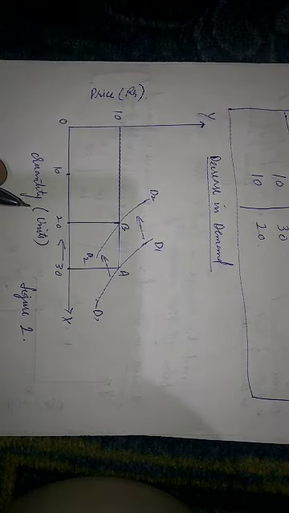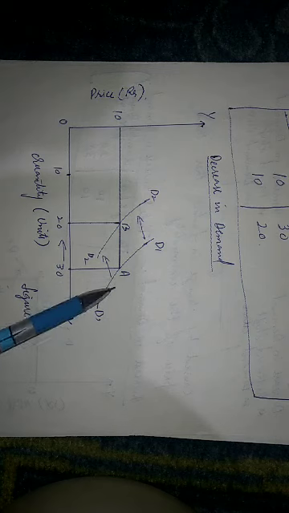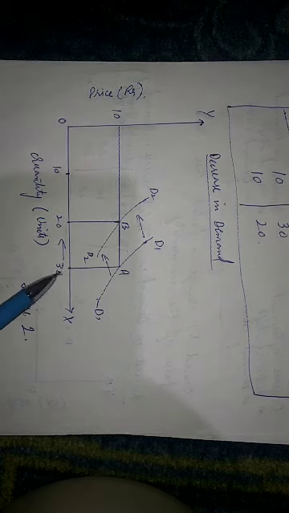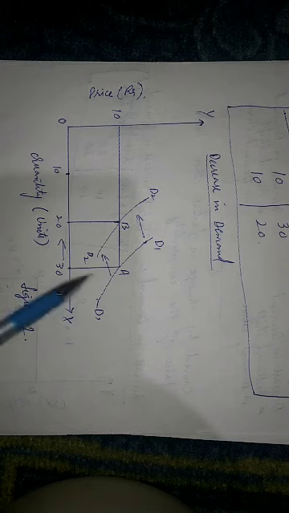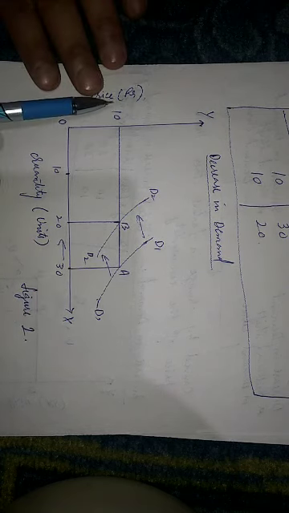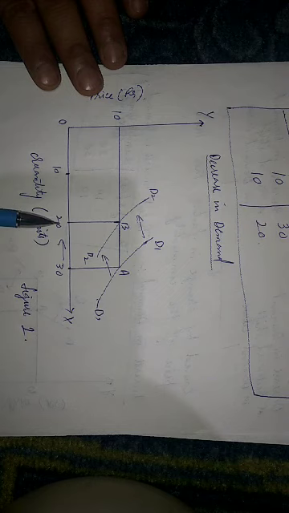You can also see in this figure that when the price of the commodity is rupees 10, the quantity demanded is 30 units. Now the price is still the same, but the quantity demanded decreases from 30 to 20 units.